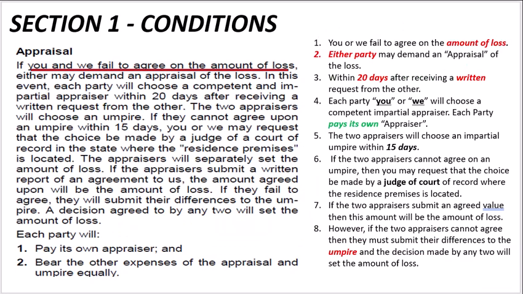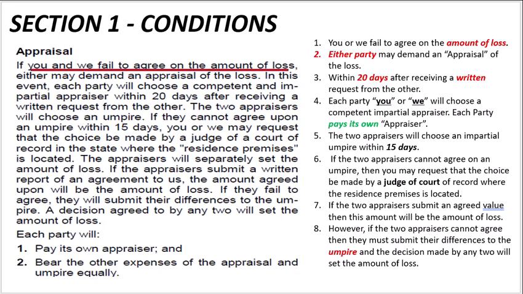The appraisal provision is located in the Section 1 conditions part of the homeowner's policy. This provision and benefit allows you, the named insured policyholder, to dispute a pricing discrepancy, and the provision is right here. If you or we fail to agree on the amount of loss, either party may demand an appraisal of the loss.